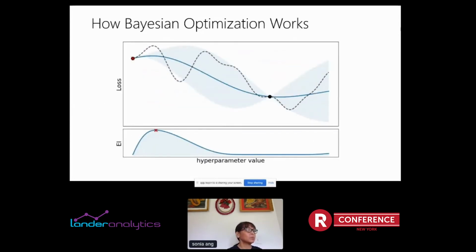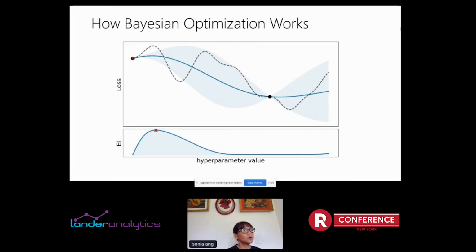Using these sample points, we need to build this surrogate model, which is the blue line, to approximate that true objective function. And to choose the next point, we have to build an acquisition function.